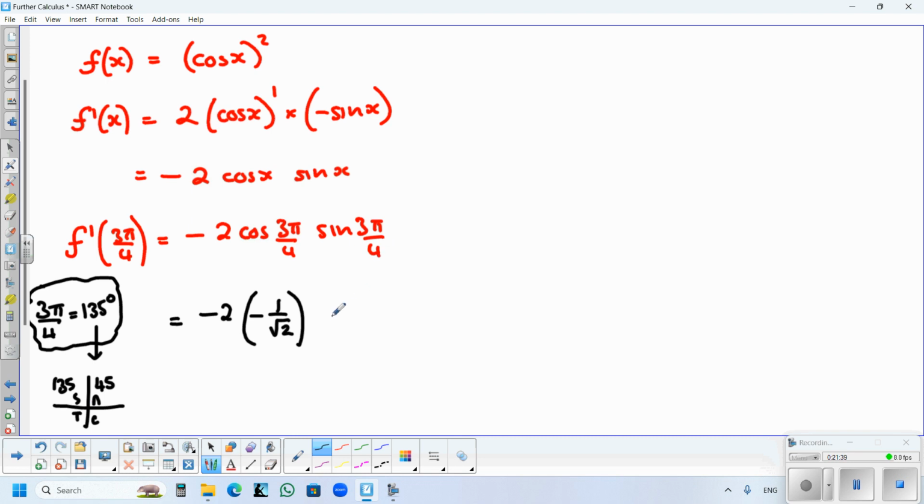Now sin 135 is the same as sin 45, which is also 1 over root 2. Now we've got to decide whether it's positive or negative. In quadrant 2, sin is positive, so it's just 1 over root 2. So when we multiply that all out, 2 minuses make a plus, so it's 2 divided by root 2 times root 2, which is 2, so the whole answer to that turns out to be 1.